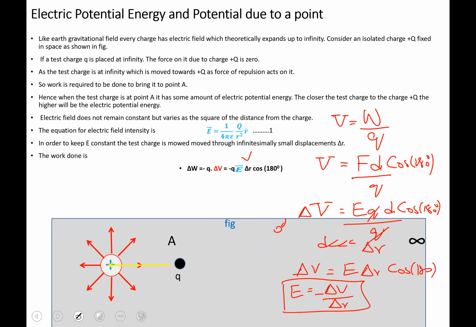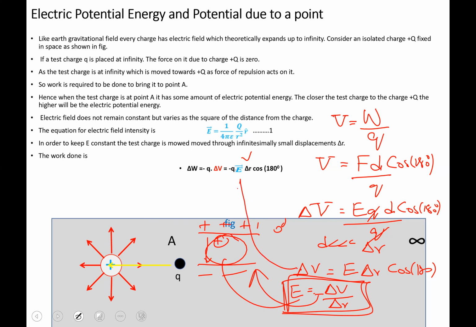Now, this negative sign shows that whenever we have two plates and the test charge is moving from positive to negative, that means along the electric field lines, it will always lose its potential. So this negative sign is showing that. So here's the formula for V. V is equal to E into R cos theta. So we have the value of ER now from the value of delta V.